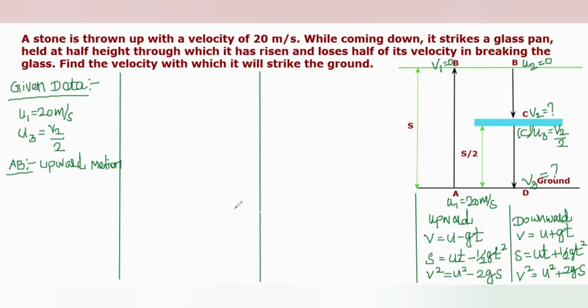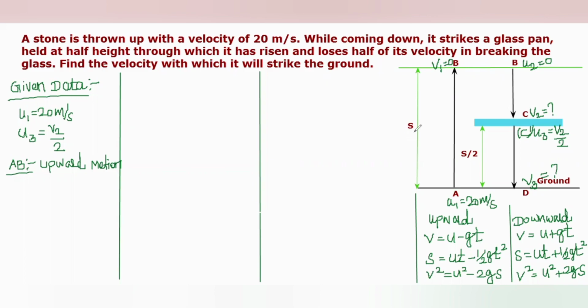Okay, so it is an upward motion. Here, we know the value of initial velocity and the final velocity V1 at the dead state, that equals 0. That is also a known value. And in the upward motion, the acceleration due to gravity will be minus G. So that is also a known value.